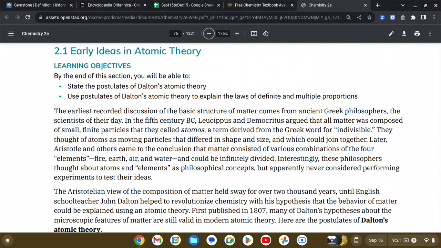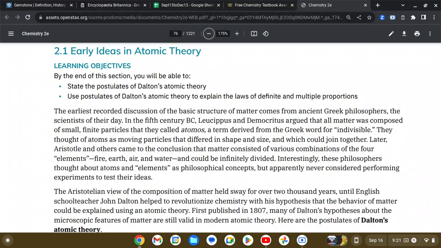The earliest recorded discussion of the basic structure of matter comes from ancient Greek philosophers, the scientists of their day. In the 5th century BC, Leucippus and Democritus argued that all matter was composed of small, finite particles they called atomos, a term derived from the Greek word for indivisible. They thought of atoms as moving particles that differed in shape and size, and which could be joined together.